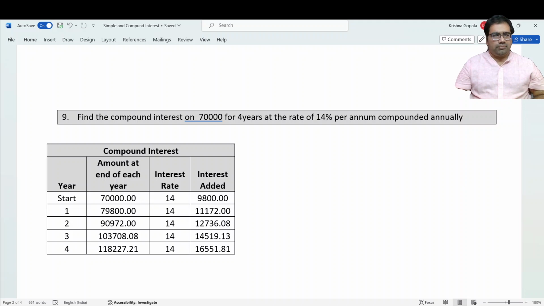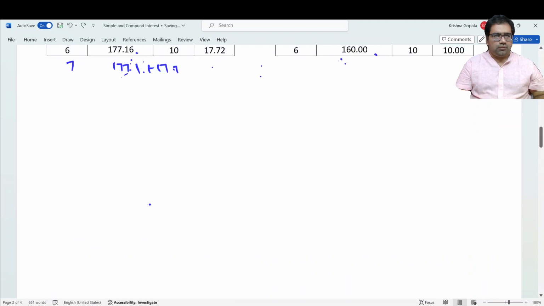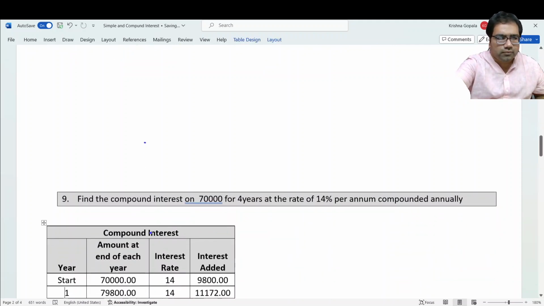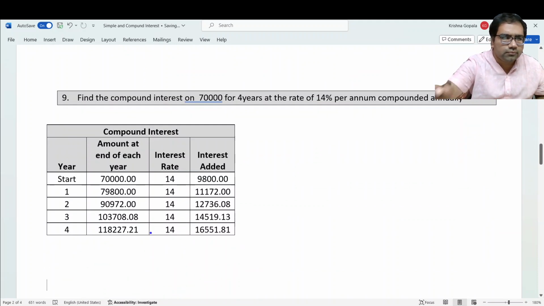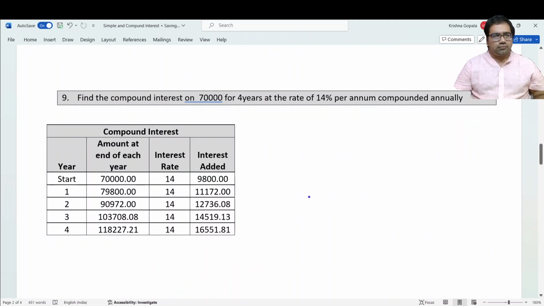In the first year, at the beginning, it is 70,000.